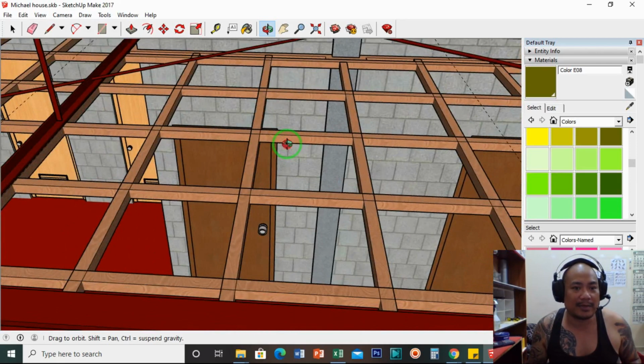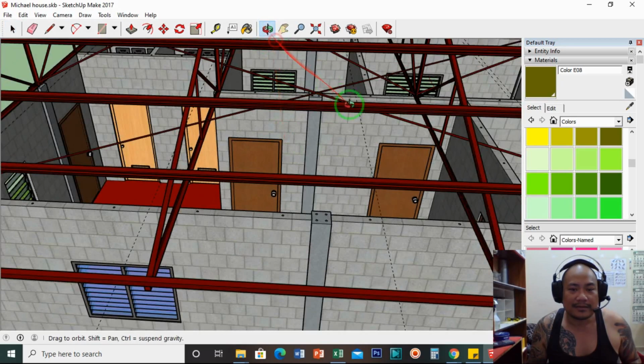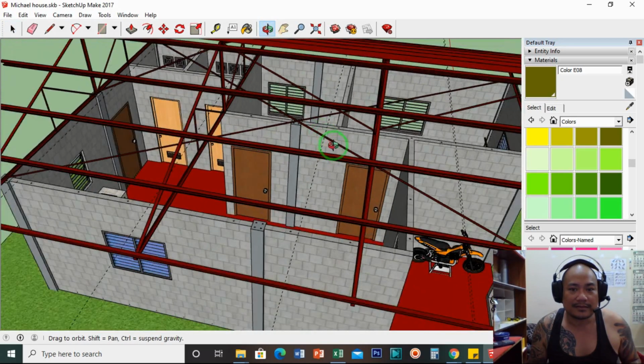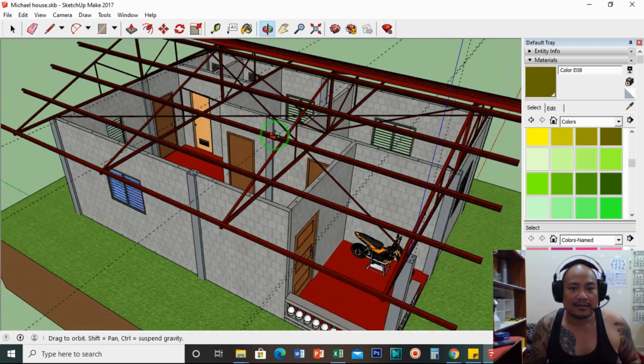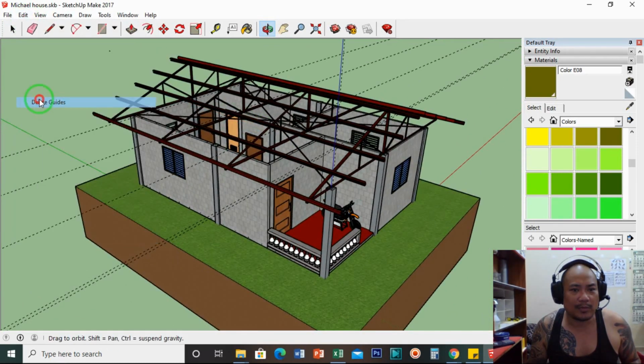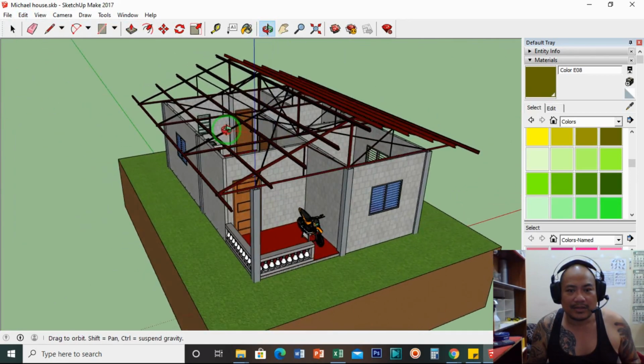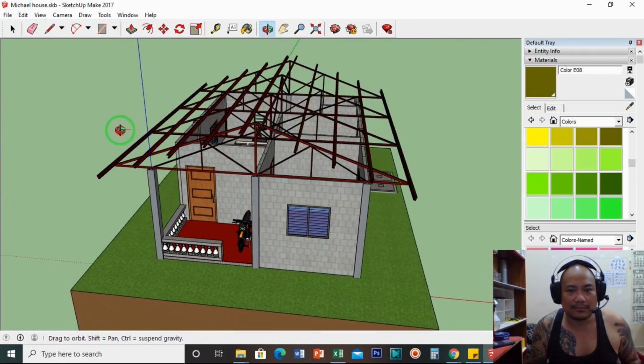So I will remove this one. So I will remove the guides. So this is what it looks like.